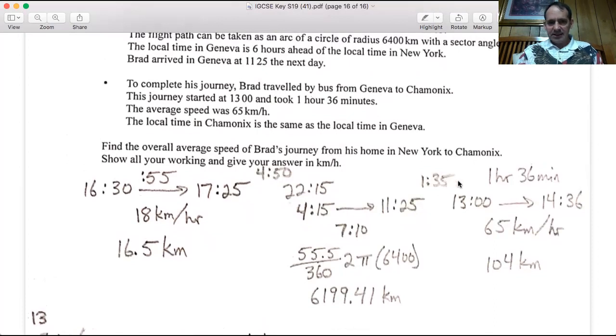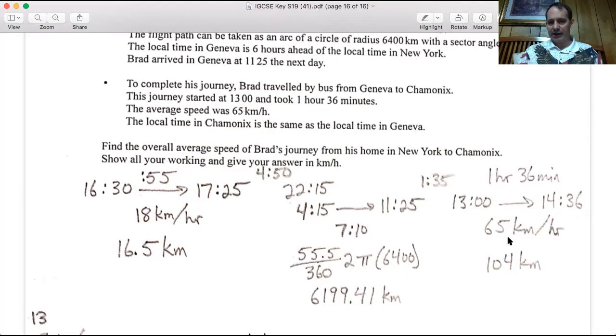And it takes the bus an hour and 36 minutes to get to his destination. So he arrives at 14:36 because Chamonix, if that's how you pronounce it, is the same time as Geneva time, so arrives at 14:36.